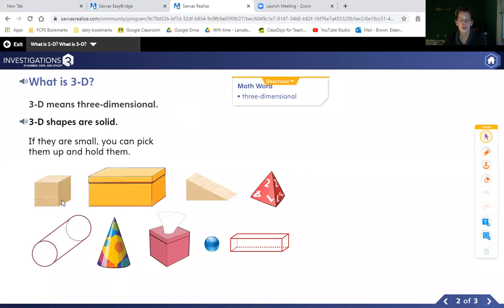Now, boys and girls, you all in your January bags have some 3D shapes that are this color right there, the brown colors, so that you can play some of these games with us. So these are some of your 3D shapes. Cube, rectangular prism. You've got a cone and a cylinder. You have a sphere and a pyramid, another rectangular prism.